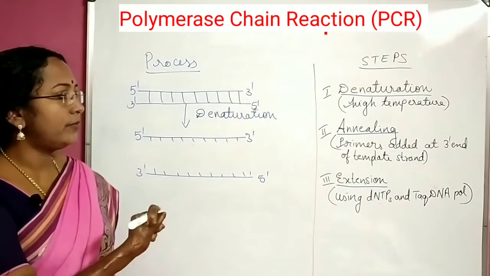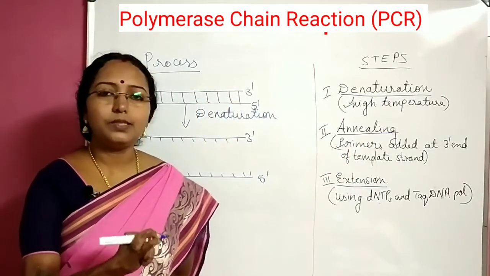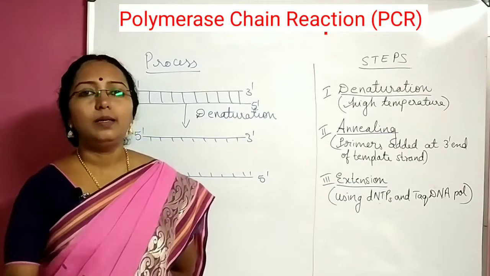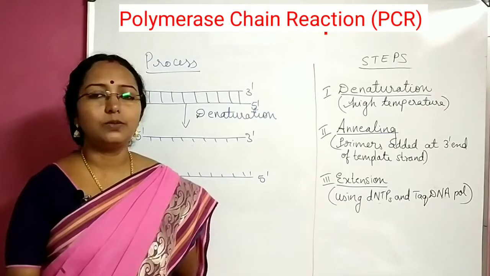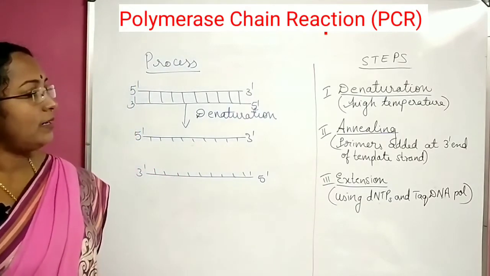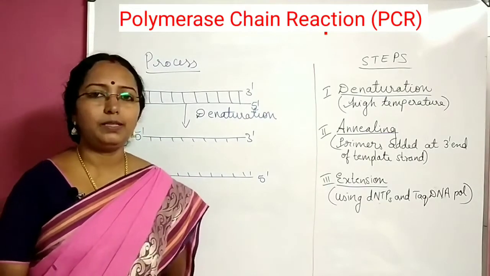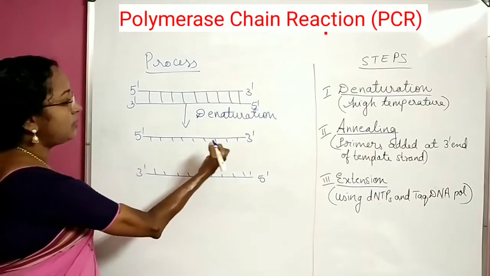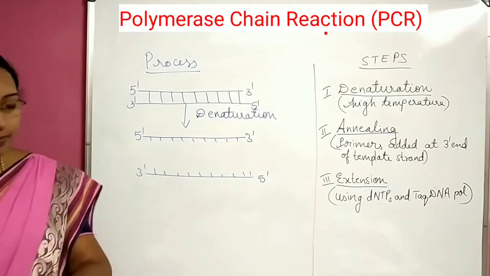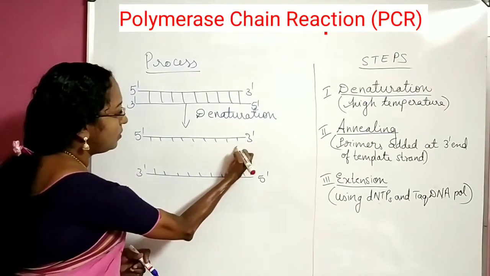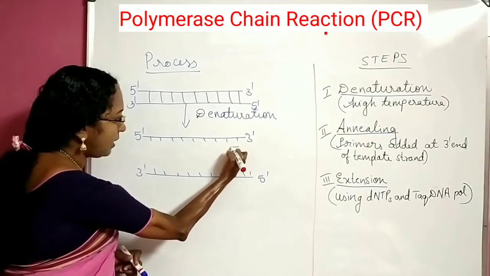Regarding primers, I covered in the previous session what they are in PCR when I took the requirements. If you have not watched, please go through that. So primers are added at the 3' end of the template strand. This is our template strand, and this is the 3' end. Towards this region, the primer is added.